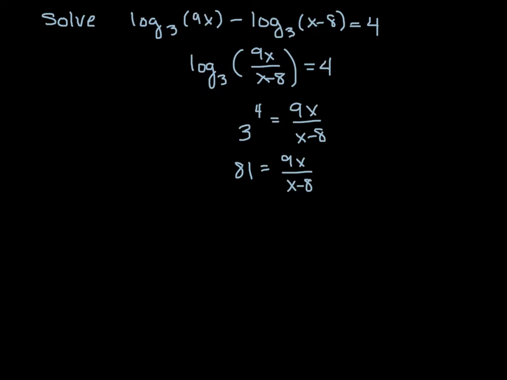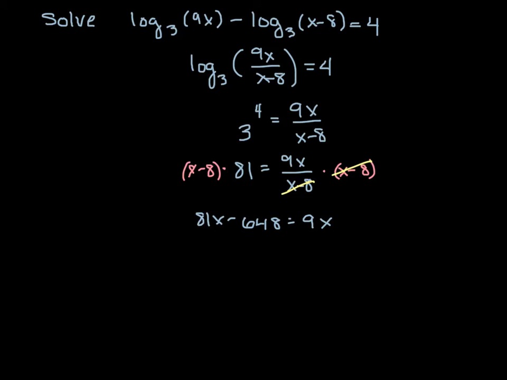Now we're just going to solve for x. To get the x minus 8 out of the bottom, I'm going to multiply both sides. These would cancel out. Now we have 81x minus 648 equals 9x.